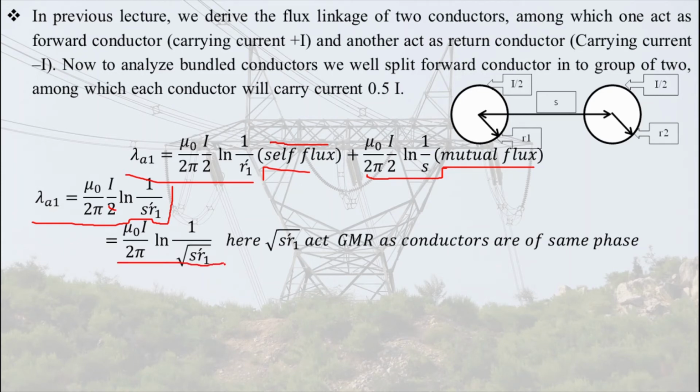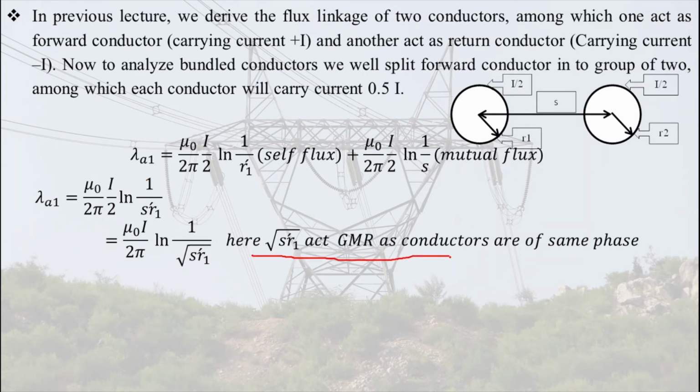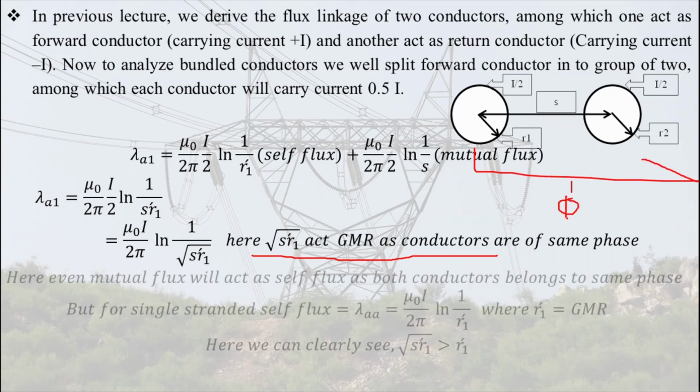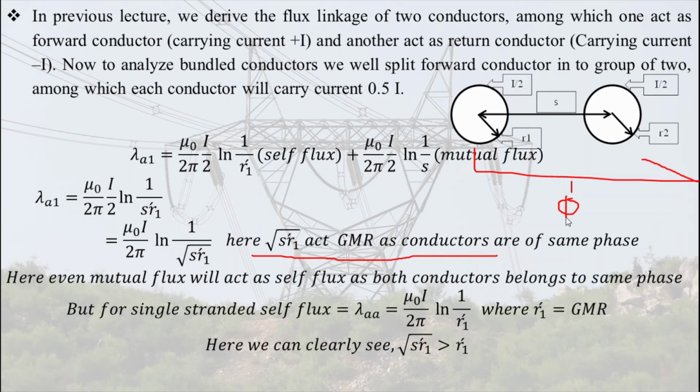Now here this root s r1 dash acts as GMR for one phase. So this will act as GMR. Here even mutual flux will act as self flux, as both conductors belong to the same phase. But if you remember the expression for stranded conductor, self flux of phase A was lambda A equals mu naught upon 2 pi ln 1 by r1 dash, meaning log 1 by r dash.